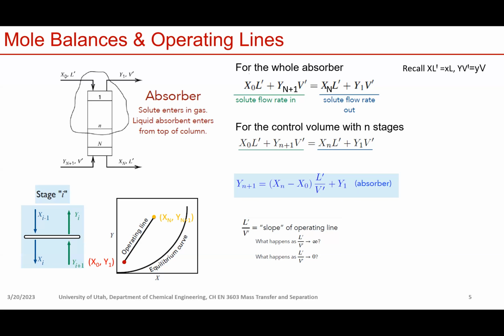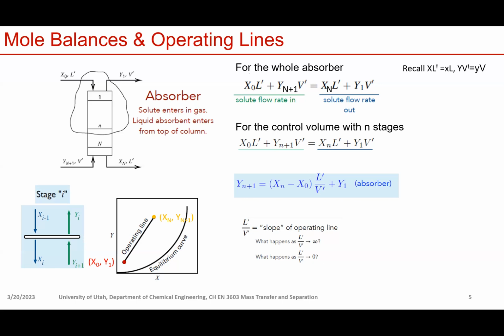Now, the reason x0, y1 is on the left or is lower is that this is an absorber. As your liquid absorbent flows down, it's gradually picking up the solute, right? So the value of x will increase, which means xN is always larger than x0. That's why on this figure, xN is on the right side of x0.